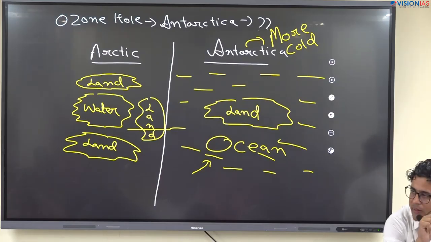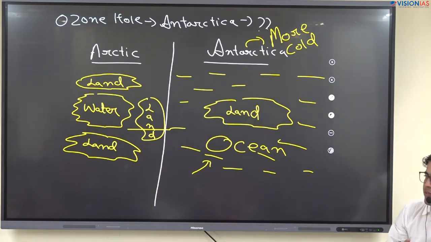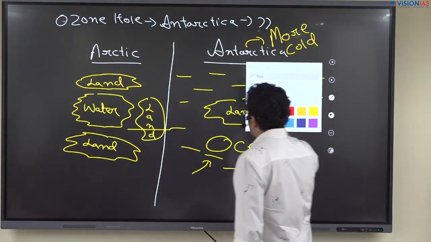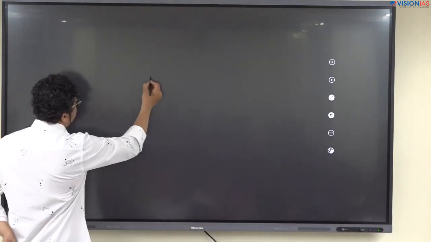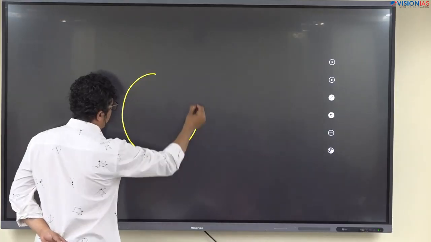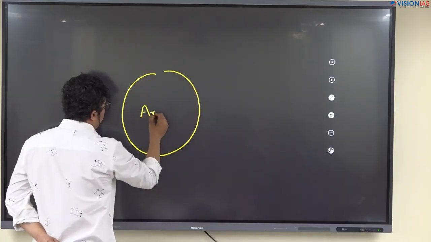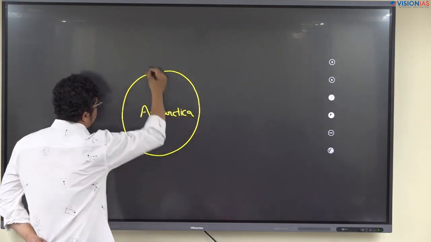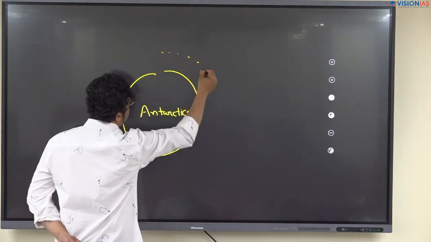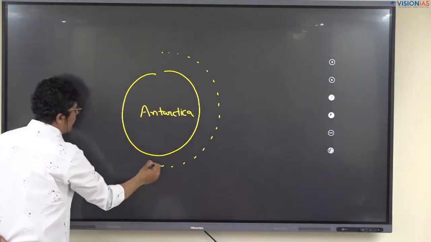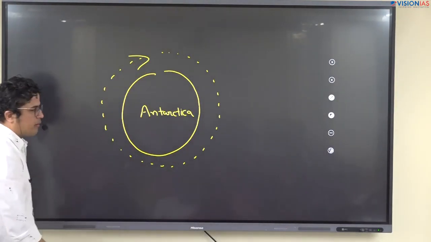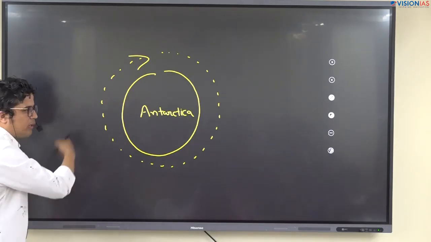Are you clear on these 2 points? If you compare Arctic and Antarctica, Antarctica is more cold. But there is one more reason why Antarctica is more cold. So if you look at Antarctica, you will find one more phenomenon. There is a cold ocean current which flows around Antarctica.